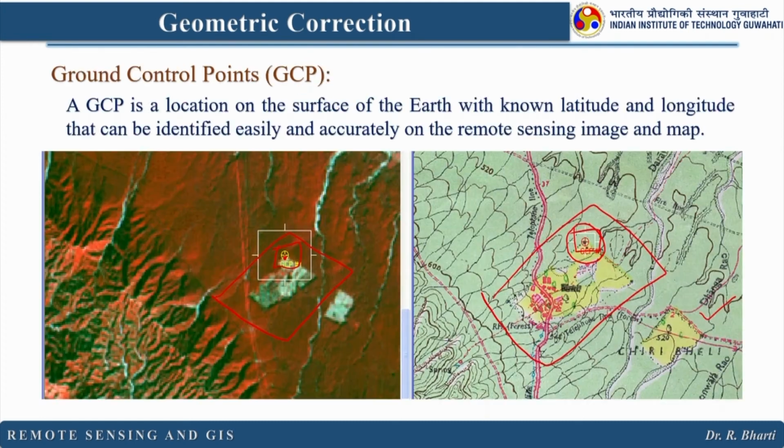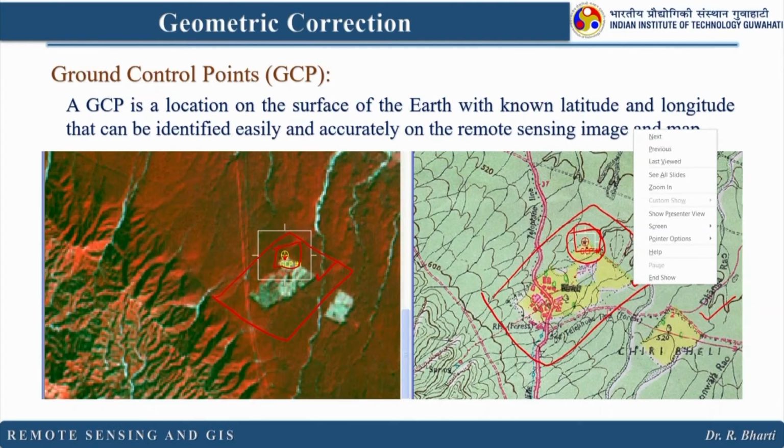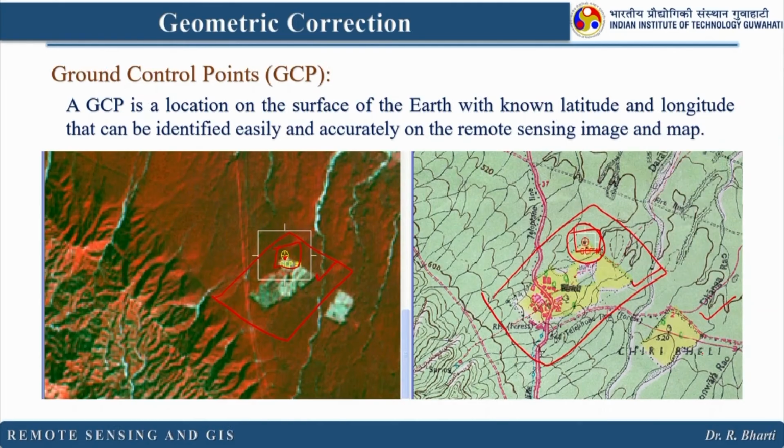Like here, if you see this one, this particular corner can be identified and this particular corner can be identified. But if you use something like this, a tributary which is coming here, and you want to correlate this point with the map or with the ground, it is very difficult. Where will you consider, and who will say whether that is correct or not?